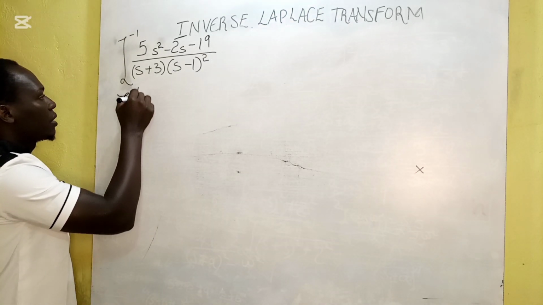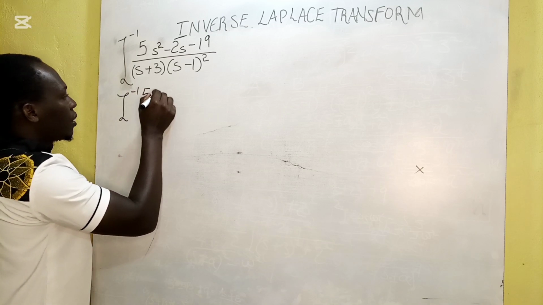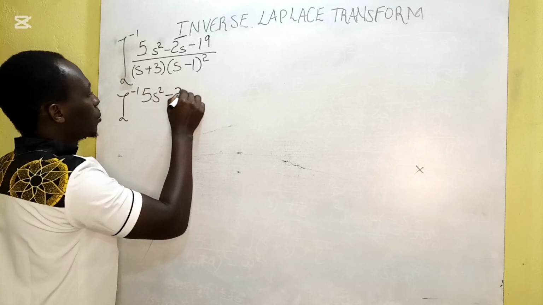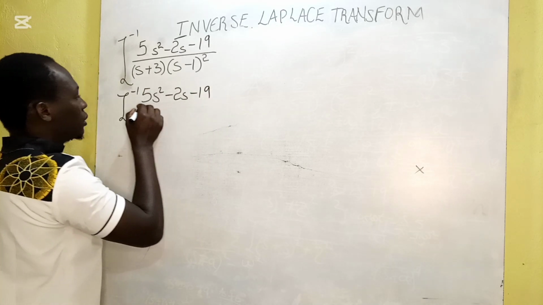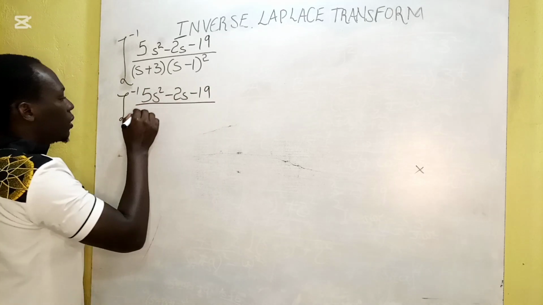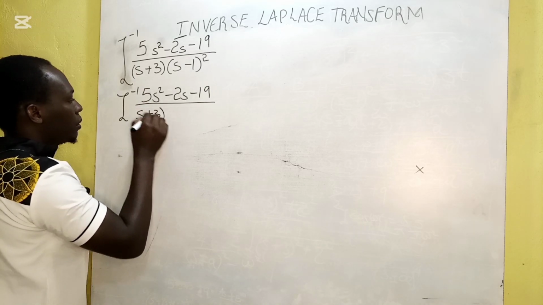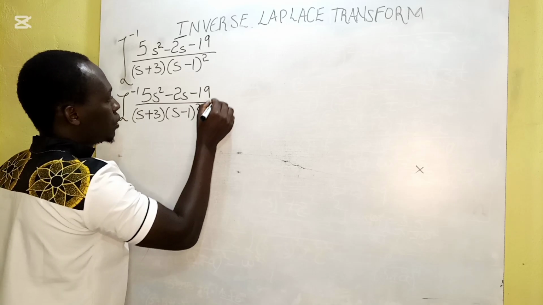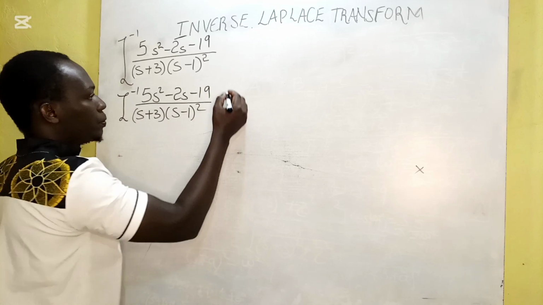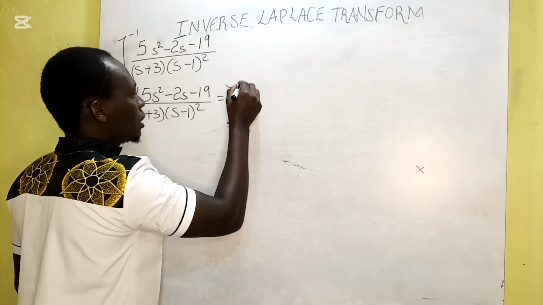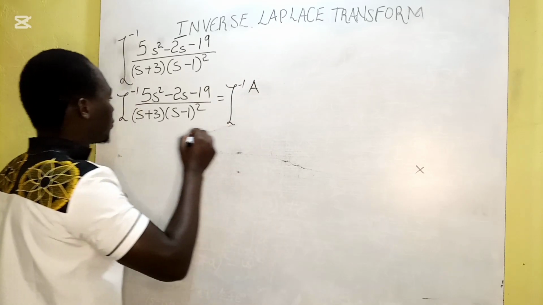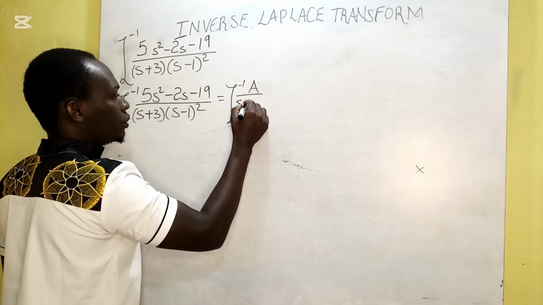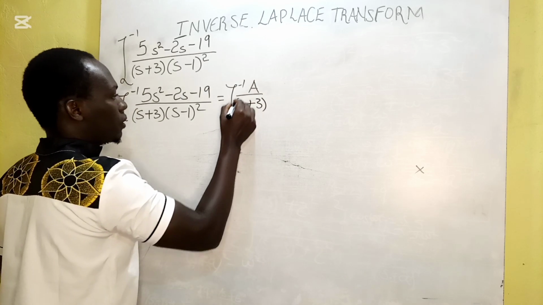The inverse Laplace transform of (5s² − 2s − 19) all over (s + 3)(s − 1)² is going to be equal to the inverse Laplace transform of A all over (s + 3).